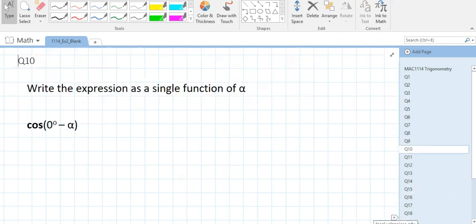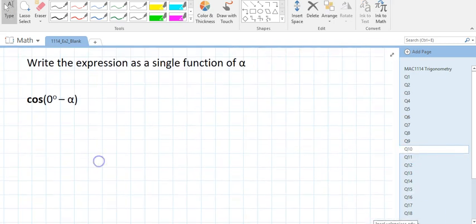All right. So they want to express this as a single function. So in other words, they want you to apply the formula and do some reducing. Okay? So what is the formula for cosine minus your angles? Let's just get that written down real quick.